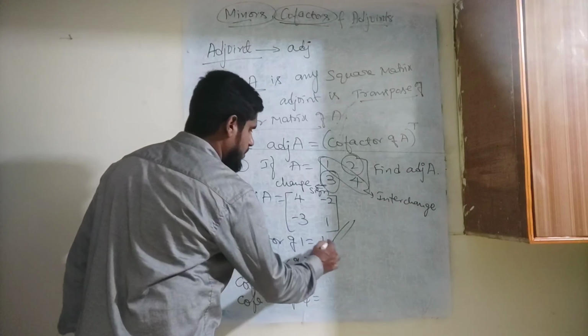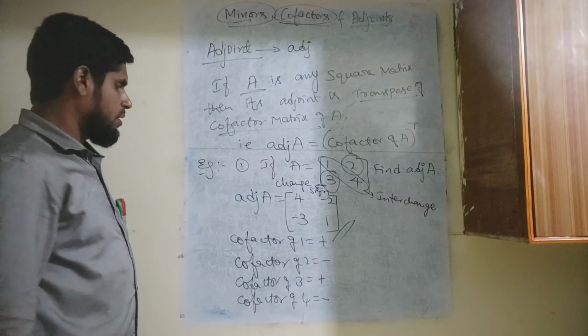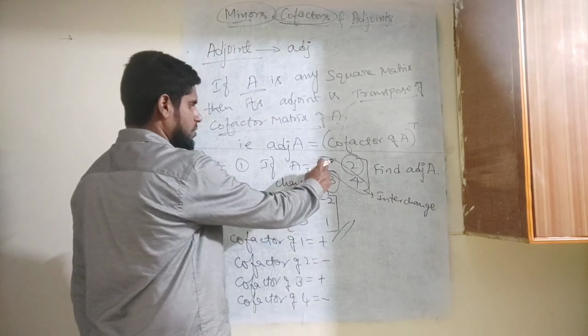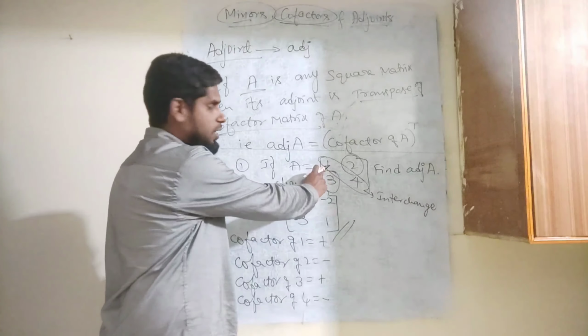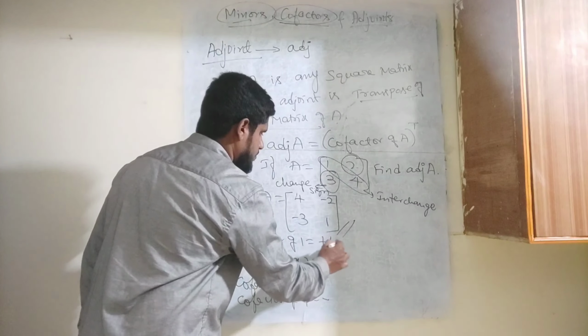The hidden signs are plus, minus, minus, plus. So student, the cofactor of 1, eliminate its row and column. So it is plus, we have plus 4.